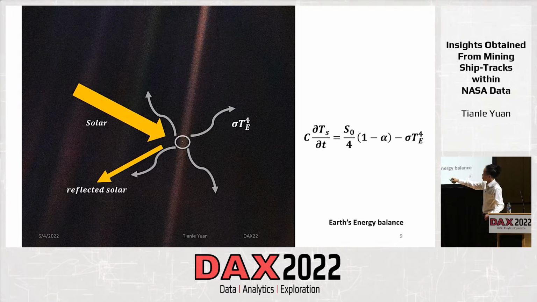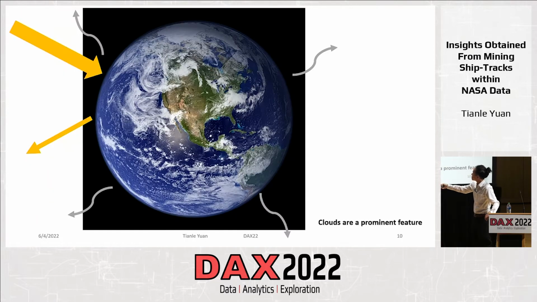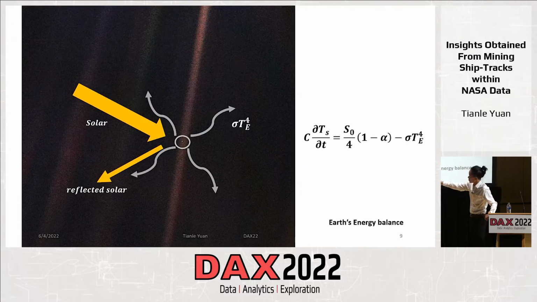It's an energy balance between the solar radiation coming in and reflected back into space, and the infrared radiation, basically heat released by Earth. When they're in balance, we have a temperature.